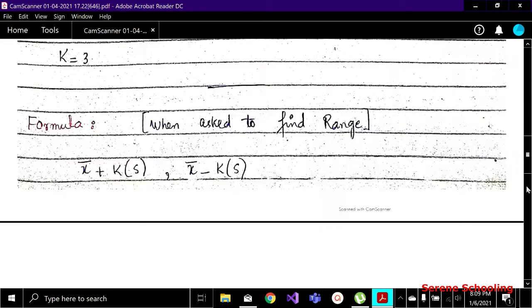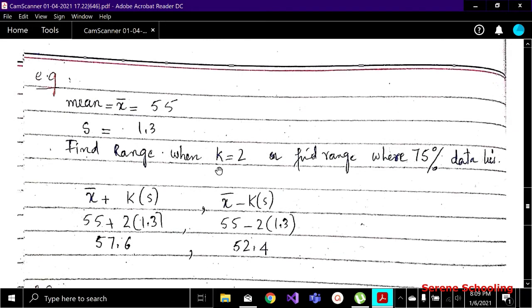Well, we should be given the percentage because we are supposed to find the range, right?